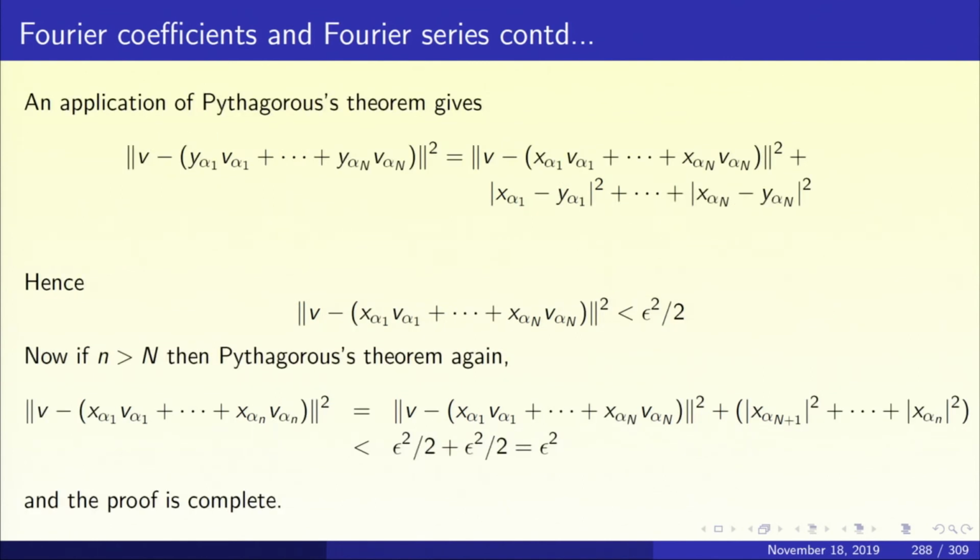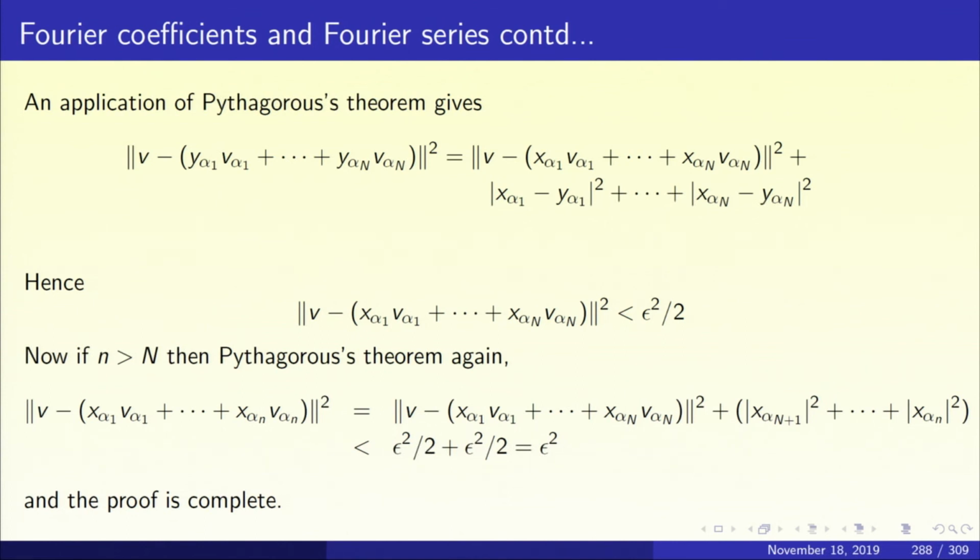We get norm squared of v minus y alpha 1 v alpha 1 plus etc. plus y alpha N v alpha N equals norm squared of v minus x alpha 1 v alpha 1 plus etc. plus x alpha N v alpha N, plus norm squared of the remaining term, mod x alpha 1 minus y alpha 1 squared plus etc. plus mod x alpha N minus y alpha N squared.